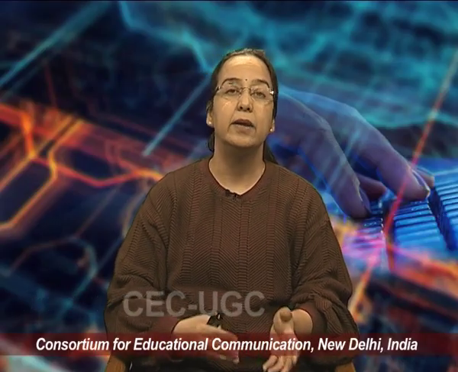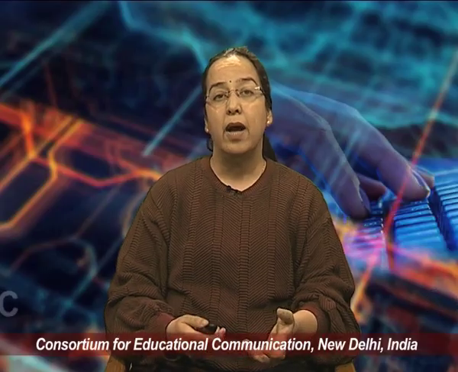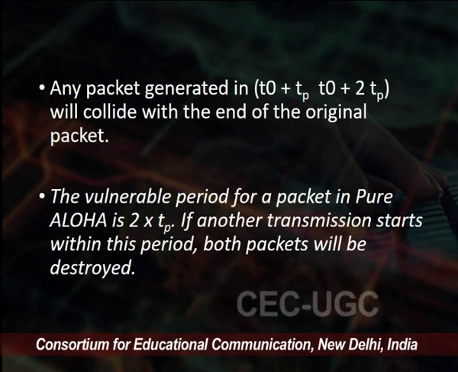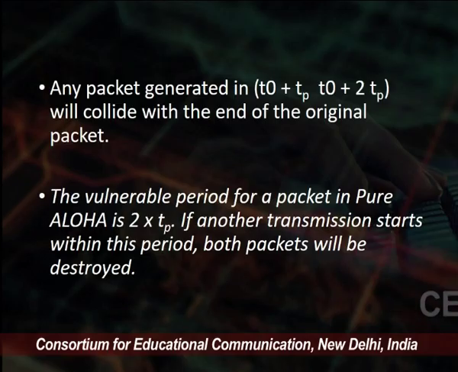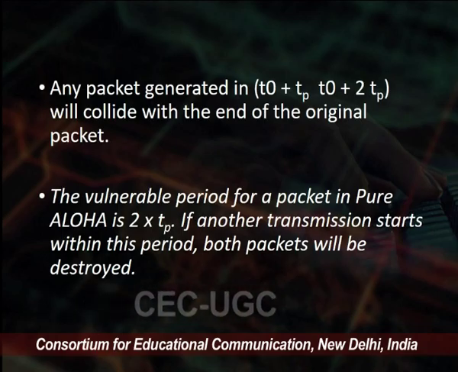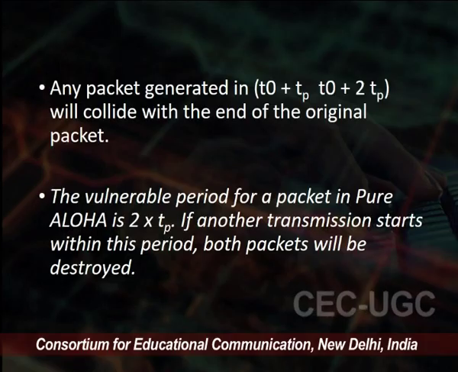But even with this random access and uncoordinated transmission, there are high chances of collision in pure ALOHA. The vulnerable time in pure ALOHA is very large, equal to 2 into Tp, where Tp is the transmission time, and if another transmission starts within this period of 2 into Tp, both the packets will be destroyed.